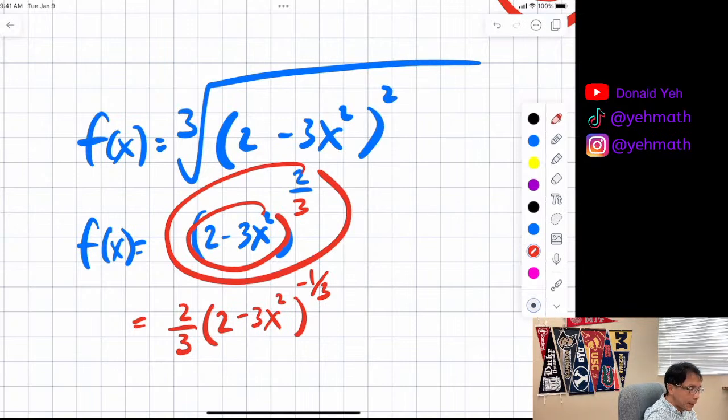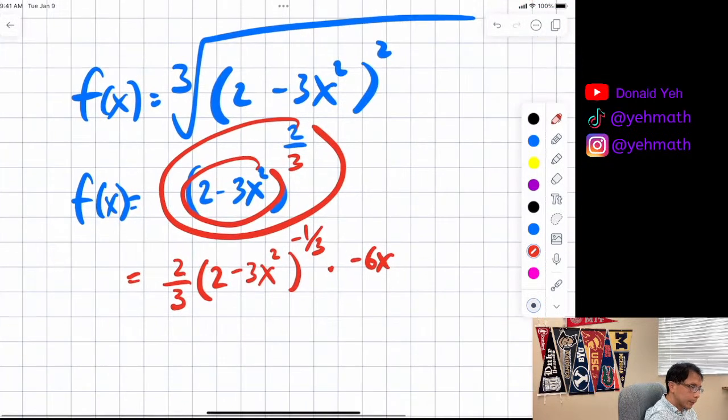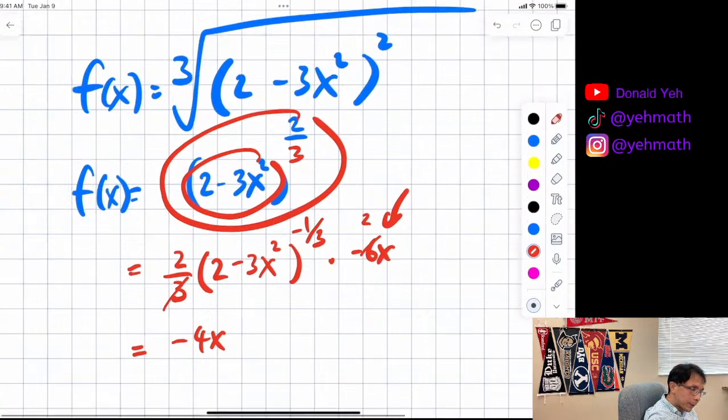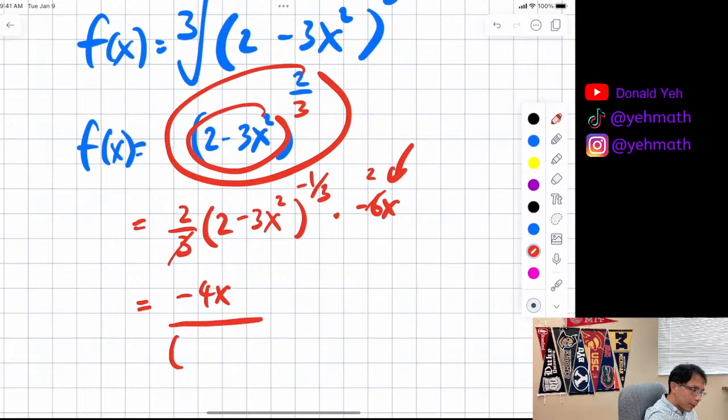Now let's take a derivative inside, which is what? Don't forget the inside layer, because the inside layer is very important. So then I can simplify this 3 and this. This is gonna get me -2. I think it's gonna be -4x, right? Times, and I'm gonna move this to the bottom, so it'll be 2 minus 3x squared to the 1/3. And that's my final answer here.